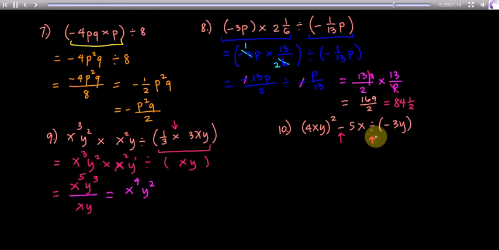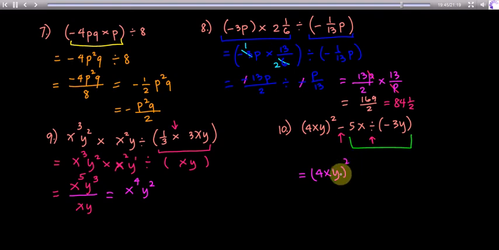So let's do first the division. Okay, copy first: 4xy, this is squared.